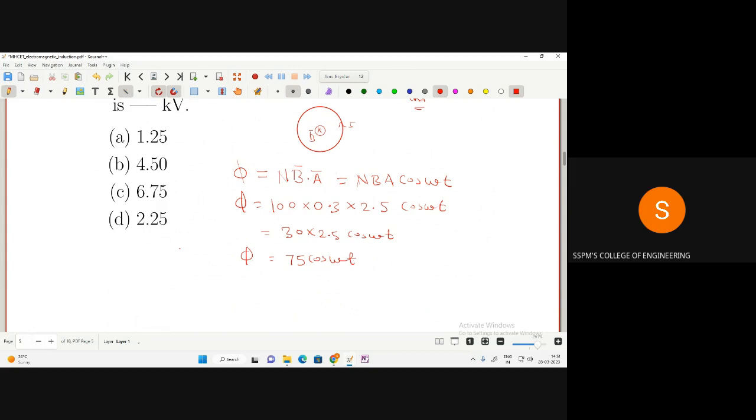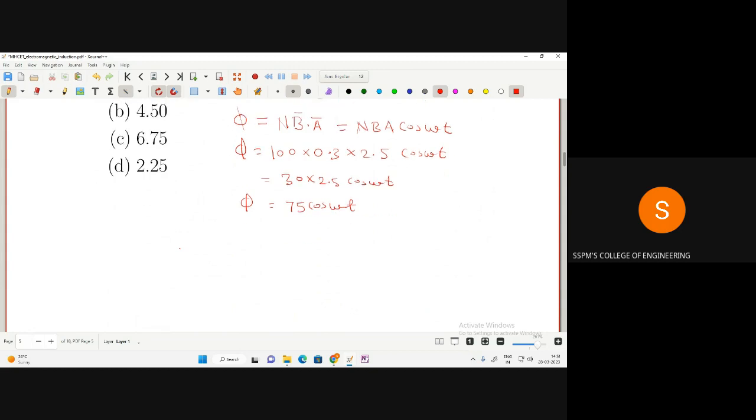Now find the EMF, and you know the EMF is the rate of change of magnetic flux, minus d phi by dt, isn't it? Where phi is given, d by dt of 75 cos omega t is equal to minus 75 into the differentiation of cos omega t.